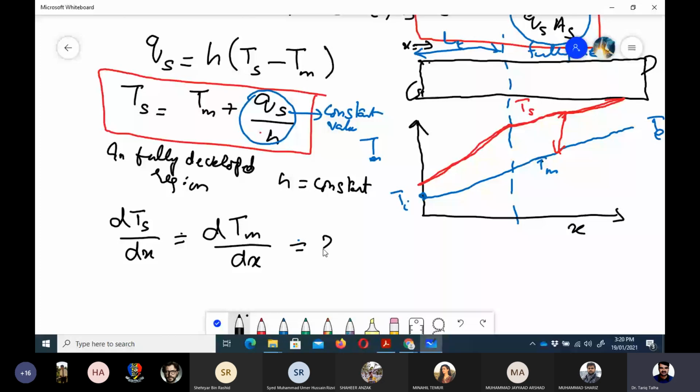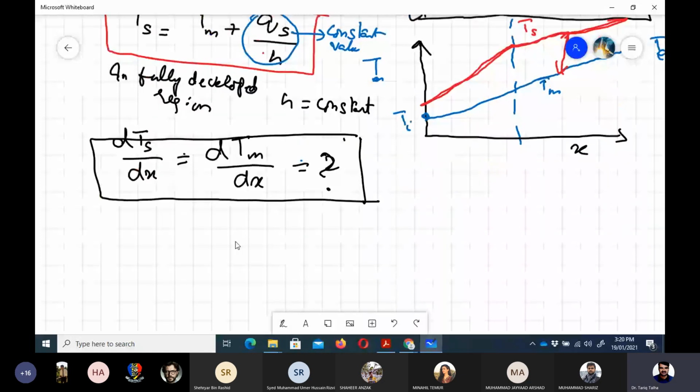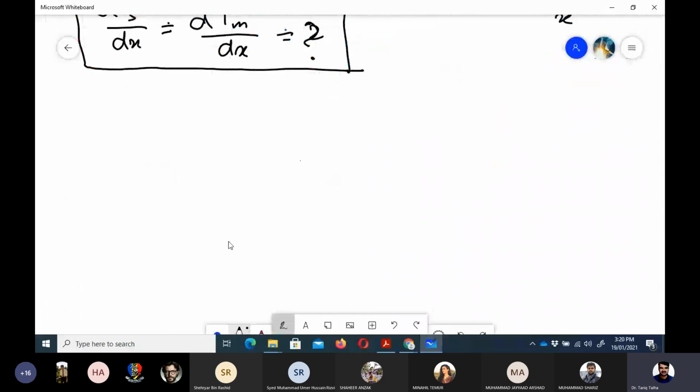The objective is to determine this slope because if the slope is more, it means that the fluid inside the pipe is gaining more heat from the pipe surface, right? So that is why we want to know this slope in terms of mass flow rate and this Qs value, which is the surface heat flux. So let me draw that again. Now we are going to determine this slope of temperature rise by differential analysis.